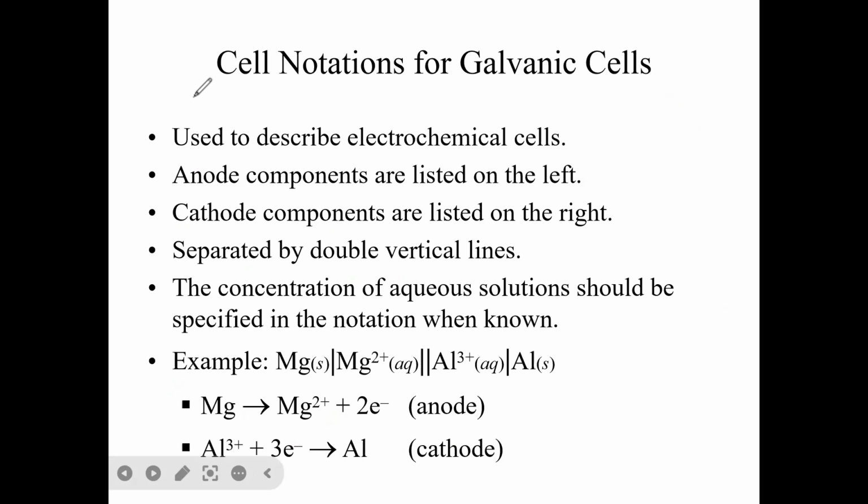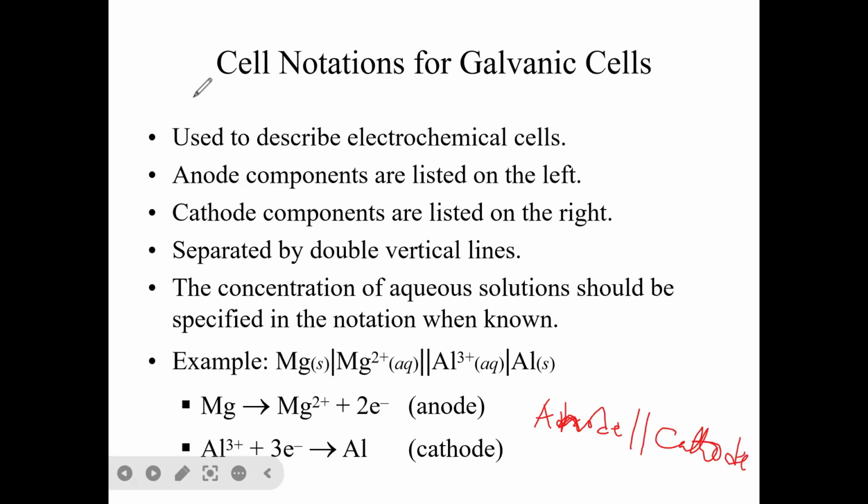So we have our anode here, and then we have the double line like this, which is a salt bridge. This double line is a salt bridge. So anode is located at the left, and then cathode is located at the right. So we have this.